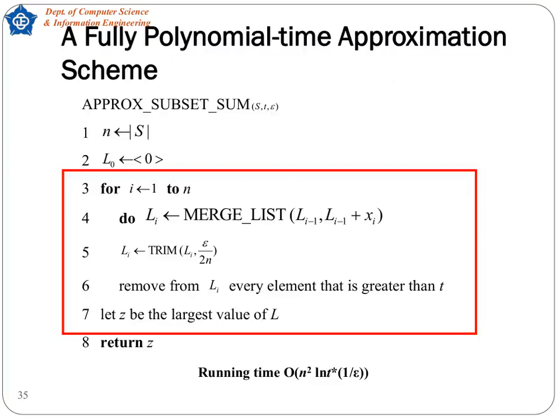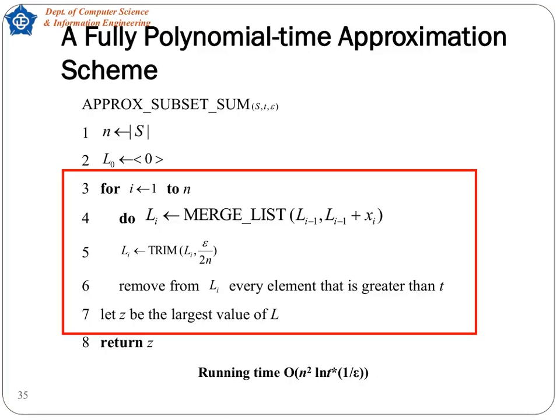Having established that trimming keeps our list small, let's introduce approx_subset_sum, a fully polynomial time approximation scheme for the subset sum problem. The algorithm takes as input a set S, a target t, and an error parameter epsilon. First, set n equals the size of S and initialize L0 equals 0. In the red boxed loop for i equals 1 to n, we do the following. One, merge L with a shifted copy that adds x to every entry.